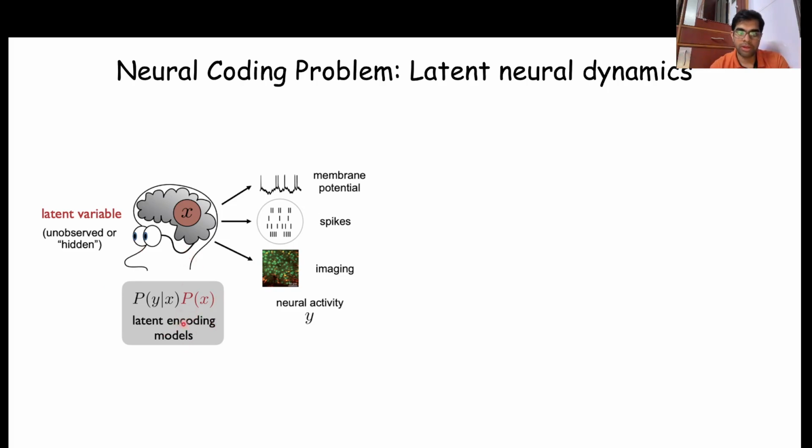So the formulation goes like this: given some underlying hidden activity x, you get the neural responses y, and this hidden activity is what you're interested in. The assumption here is that the hidden activity is more structured, which gives rise to this particular recording.